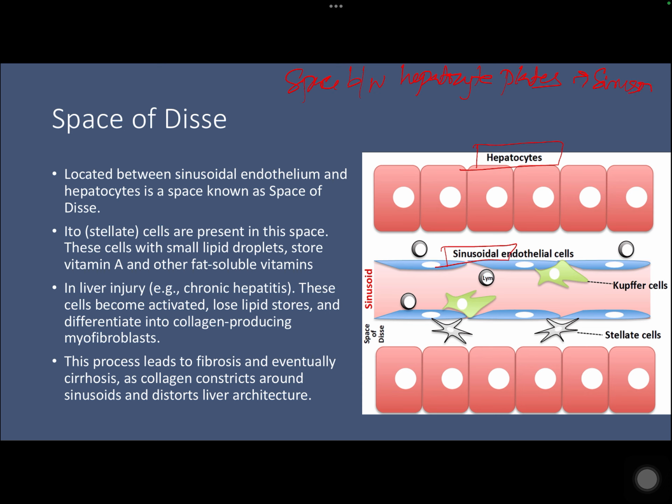Now, the space which is present between the hepatocyte and the sinusoid is known as the space of Disse. As we can see in the diagram, this is the hepatocyte and this is the hepatic sinusoid. Between the hepatocytes and hepatic sinusoids is this space, known as the space of Disse.